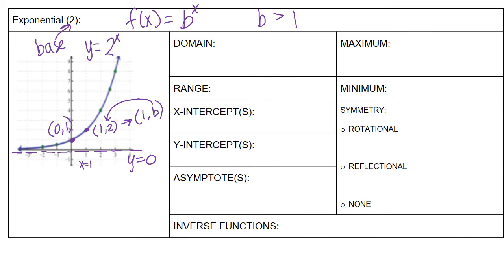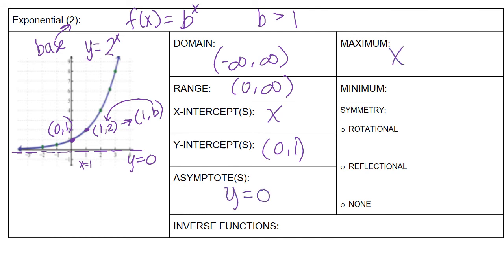All right, everything else stays the same. Domain, negative infinity to positive infinity. Range, 0 to infinity. No x-intercept. Y-intercept is still at 0 comma 1. Asymptote still at y equals 0. No maximum, no minimum, and no symmetry.